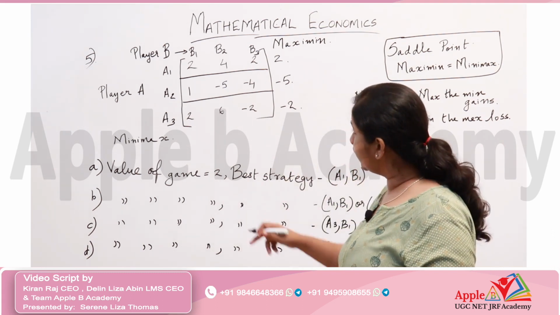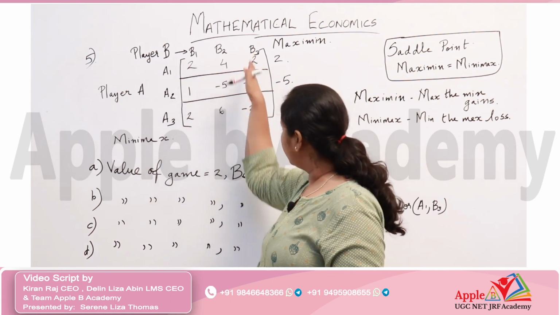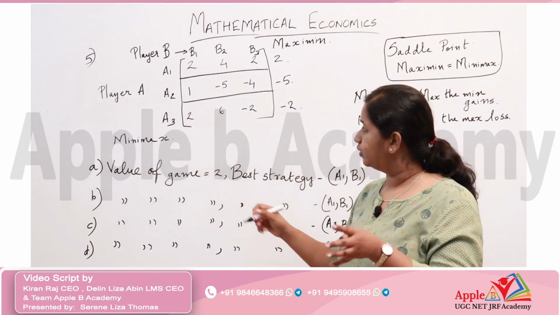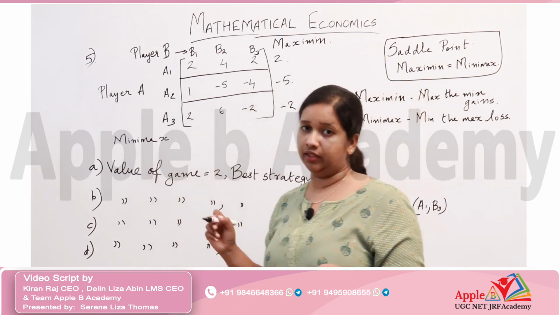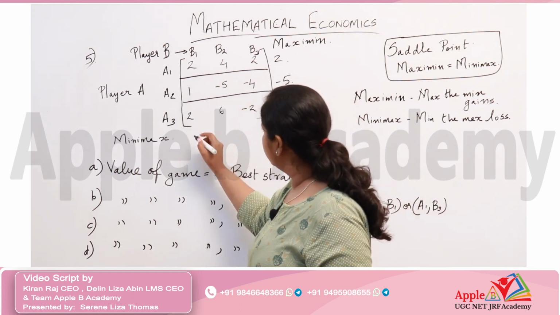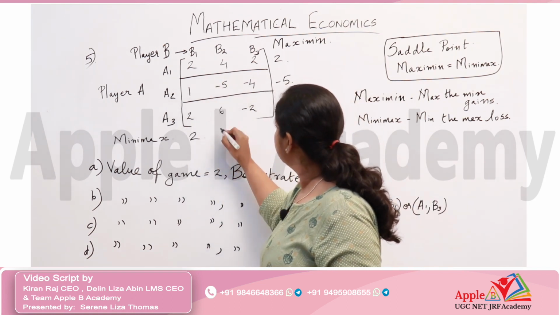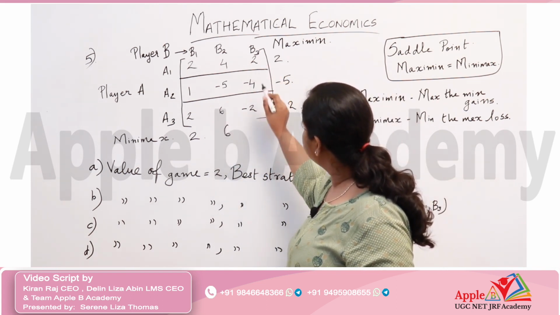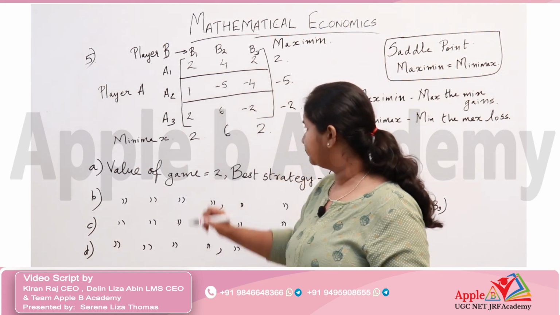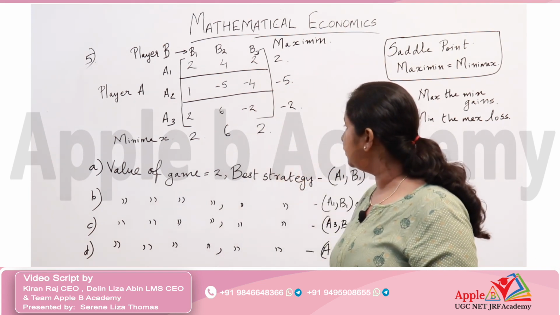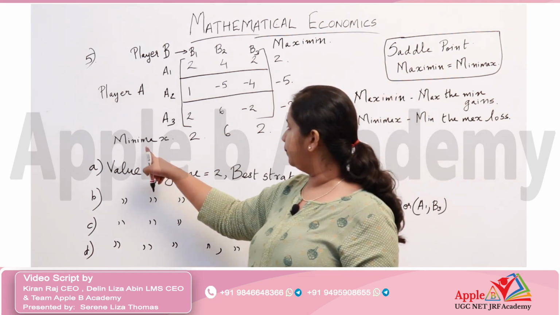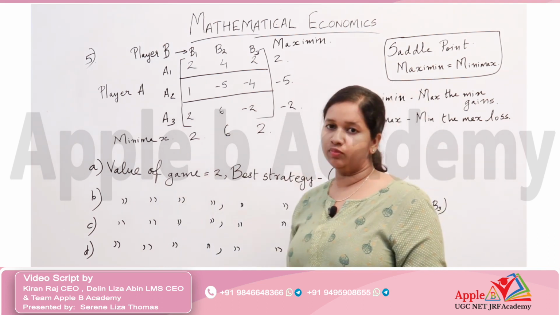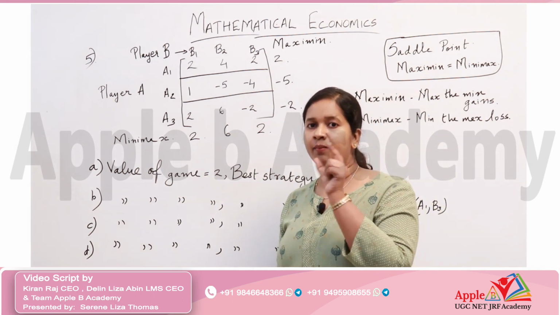Now, for player B, we read it column-wise, and from each column we need to write the maximum value. So, here 2, 6 and 2. From here we can see that it is minimizing the maximum loss.